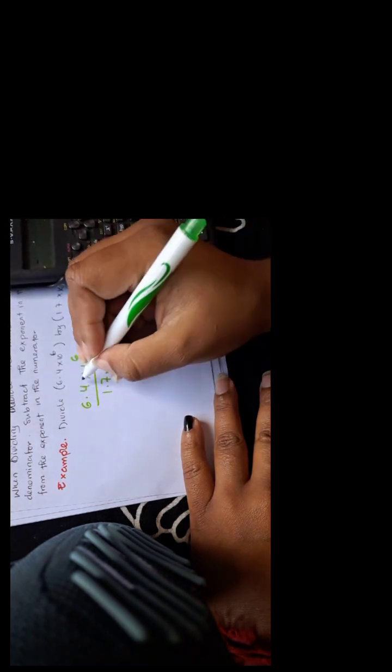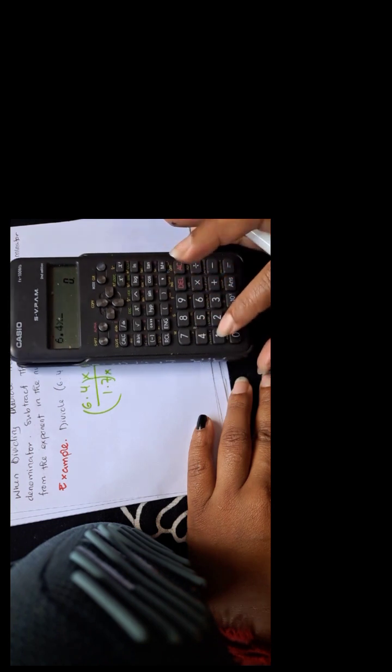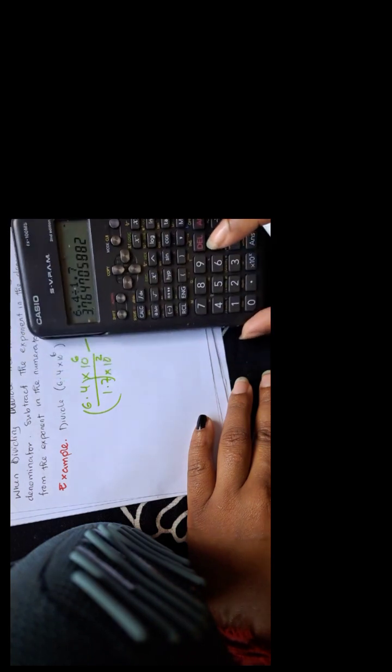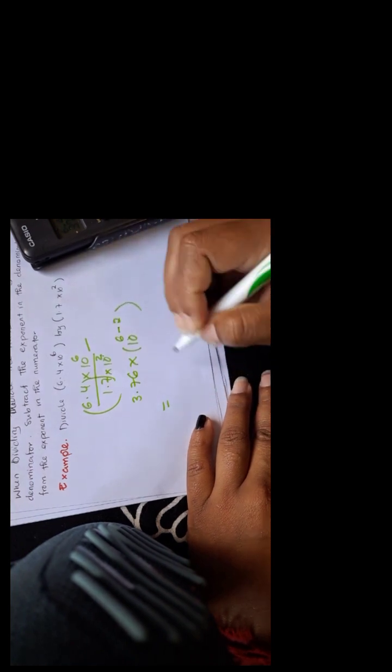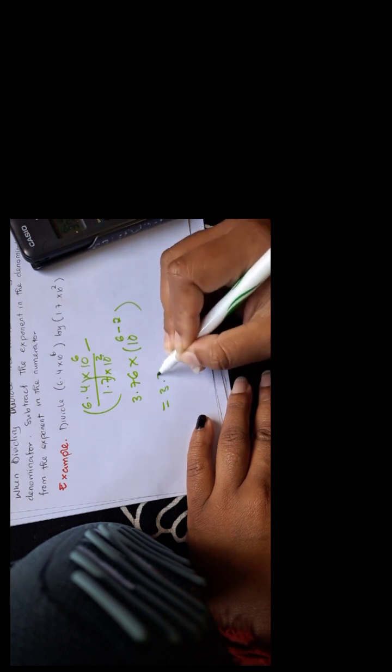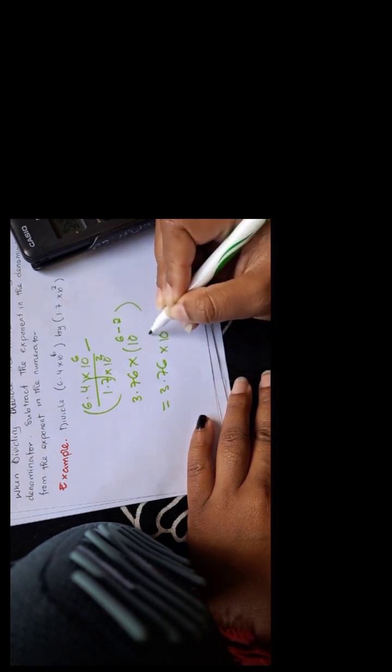When we divide this factor alone, first we leave the power out. That's 6.4 divided by 1.7, we have 3.76. We subtract the denominator's exponent from the numerator's, so 6 minus 2. Now our answer is 3.76 times 10 to the power of 4. So yeah, that's basically how we deal with division.